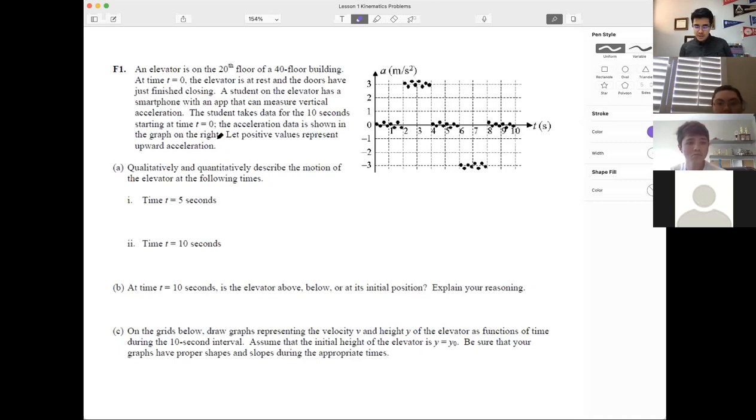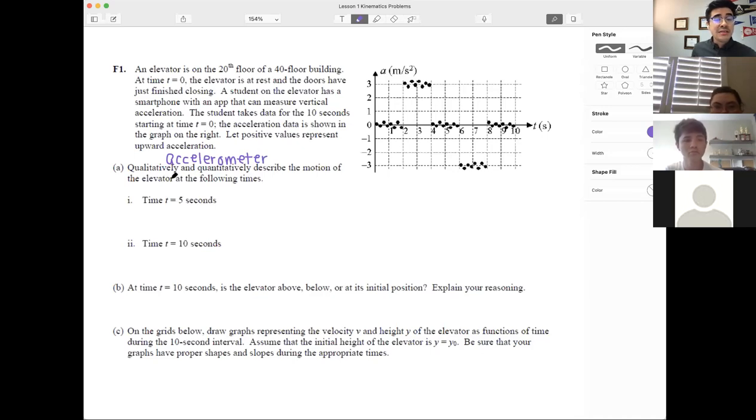At time t equals 0, the elevator is at rest and the doors have just finished closing. A student on the elevator has a smartphone with an app that can measure vertical acceleration, so you can call it an accelerometer. The student takes data for the 10 seconds starting at t equals 0. The acceleration data is shown in the graph at the right, and let the positive values represent upward acceleration.